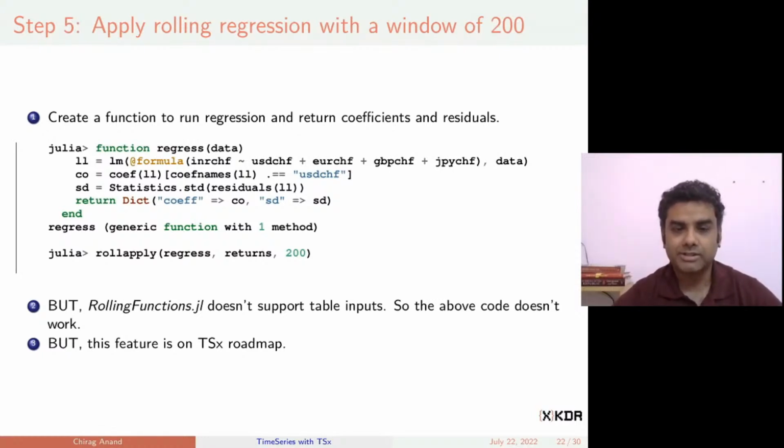But this feature is on the TSx roadmap. This is an important feature to have in a time series package because this is a very common finance problem. So we will eventually have this in the package.